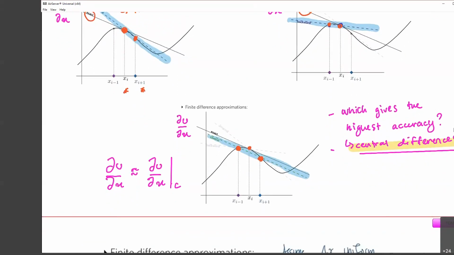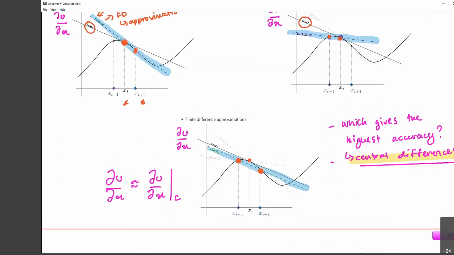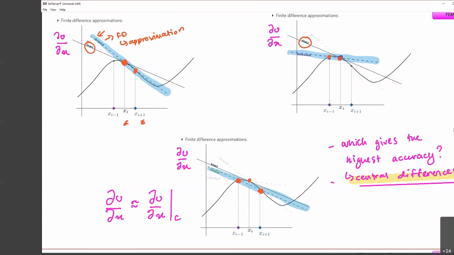To go back to the question just now, which of the approximations gives the highest accuracy? Just by looking at the plots here. Remember, our target is the exact value that we want, du/dx. This is du/dx, and again, this is du/dx. Just by looking at the plot, which of the approximations do you think will give the best value?